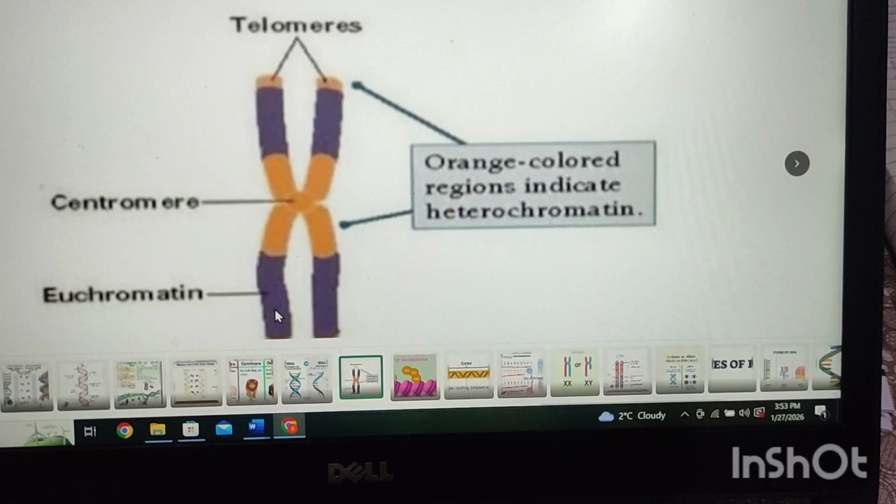So these regions will be present on the inner side of the nucleus. This portion of the chromosome, euchromatin, is always on the inner side of the nucleus, and it is able to produce different types of RNA, such as messenger RNA.